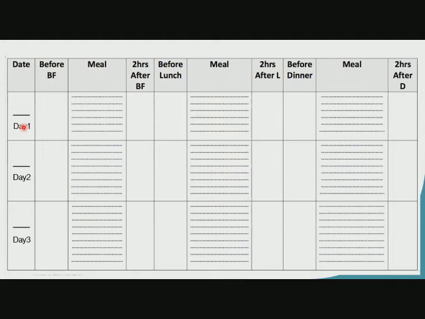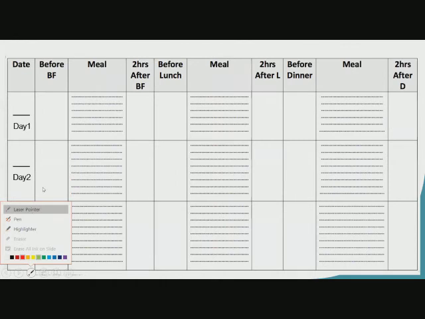and this person has a blood glucose that is out of range and wants to control his or her blood glucose. So this person woke up on day 1 and then checked his or her blood glucose.